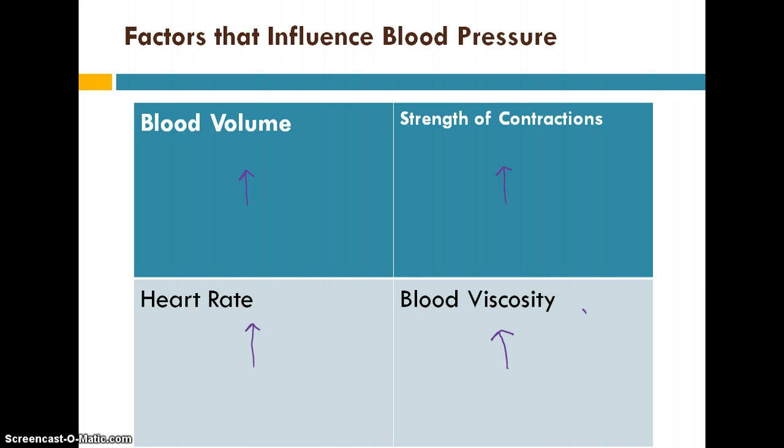For example, we can put you on blood thinners to decrease your blood viscosity. We can put you on medications that slow down your heart rate and your pulse. So just right there off the bat, we can do a lot of things medicinally to control blood pressure so that those later things down the road don't happen.